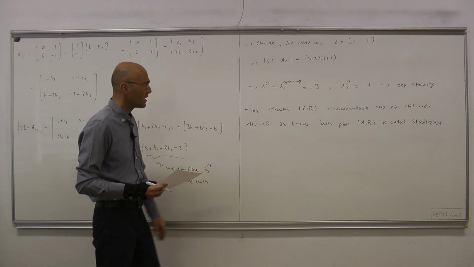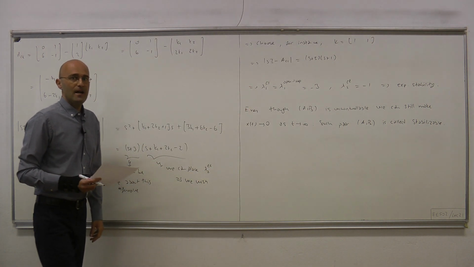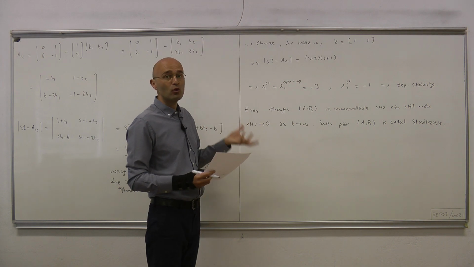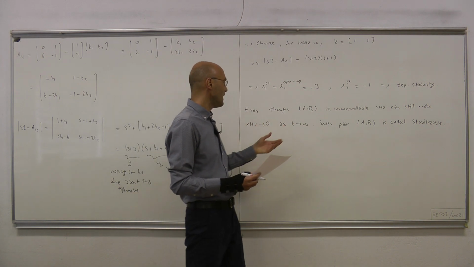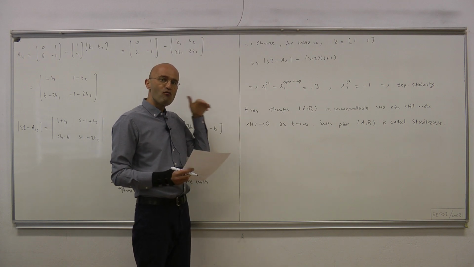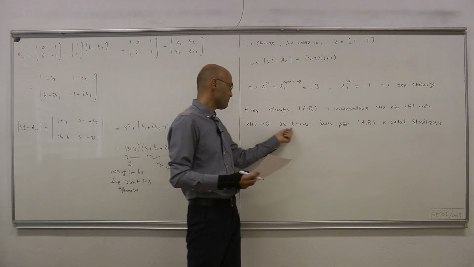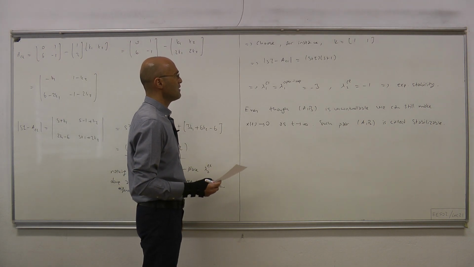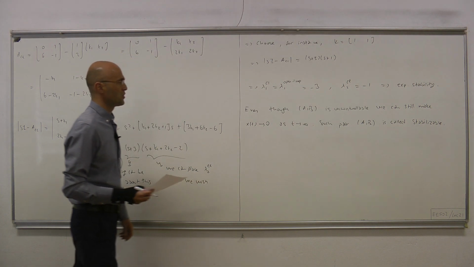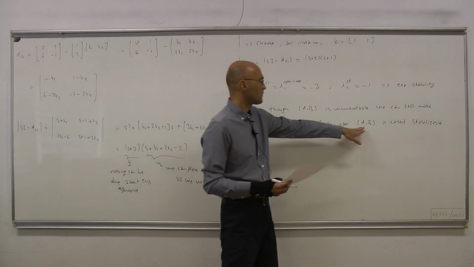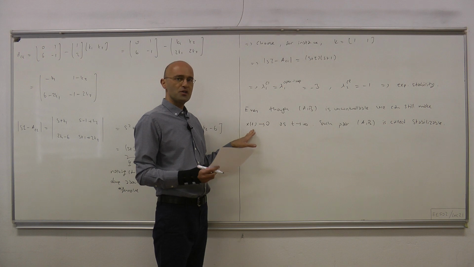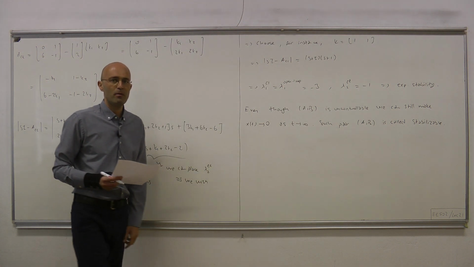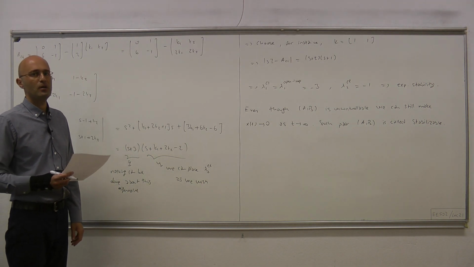But this example has shown us that even if the system is uncontrollable, there's still hope that we can make the state converge to the origin, perhaps not in finite time, but eventually, if certain conditions are met. Such a pair, for which all the solutions can be made to converge to the origin, is called a stabilizable pair, or such a system is called a stabilizable system.